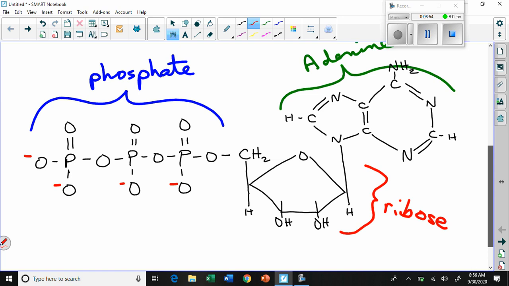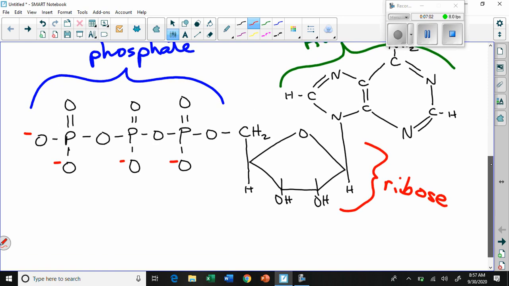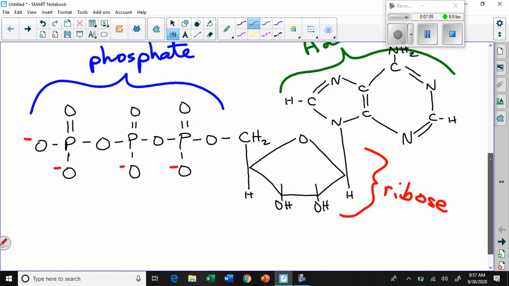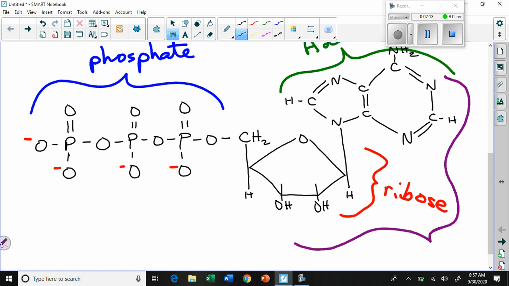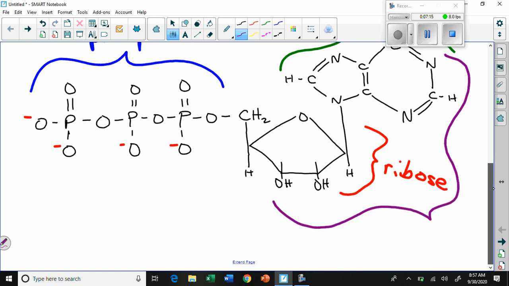Instead of joining to another nucleotide, it just joins up to these three phosphates. Okay, this side of the molecule, if I take the adenine molecule and the ribose molecule together, those make a nucleoside called adenosine.